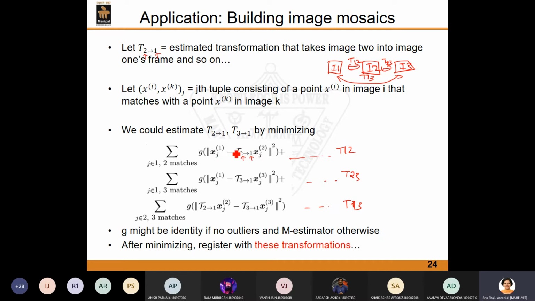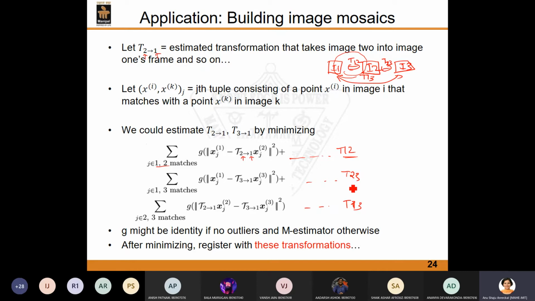I do that for all the point pair matches which are present. The summation would give me the error function, or the minimization function, with respect to these two images, I1 and I2.